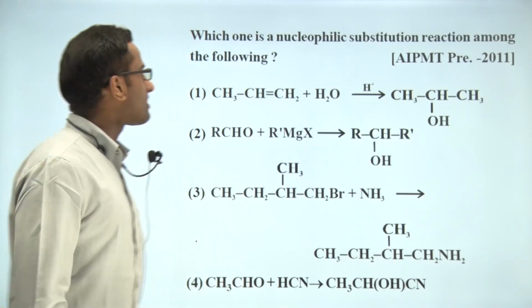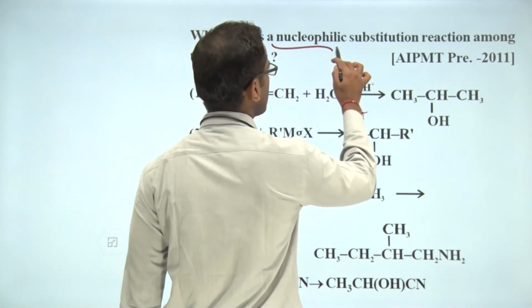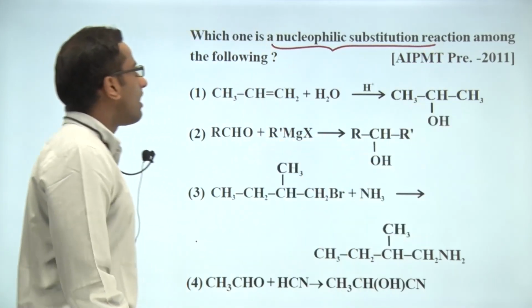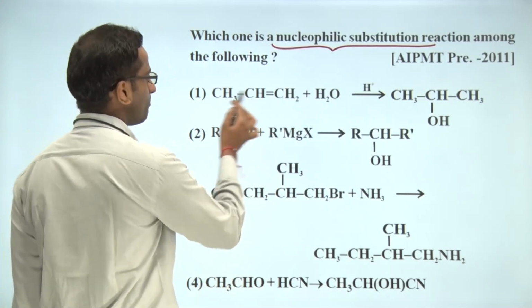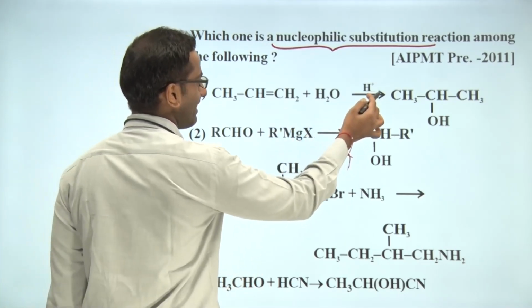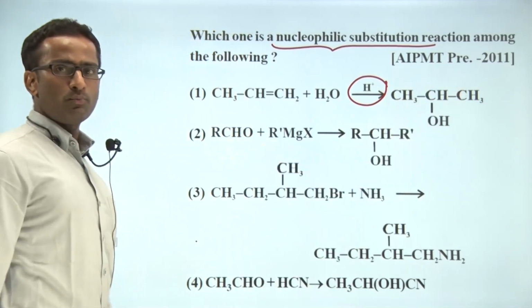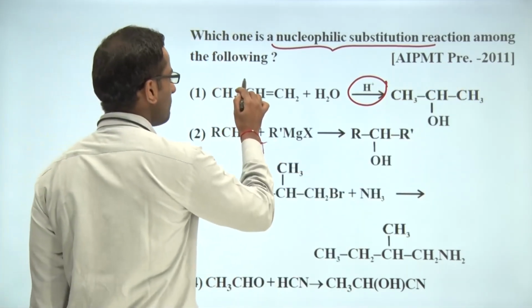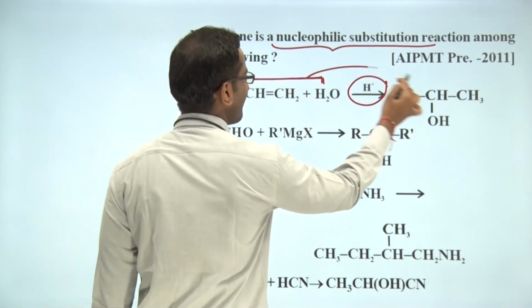This question is asking which one is a nucleophilic substitution reaction among the following. So first of all, you can see this is the propene molecule and water in acidic medium. So we are getting here the alcohol 2-propanol. Obviously by the addition of these two molecules we are getting this product.